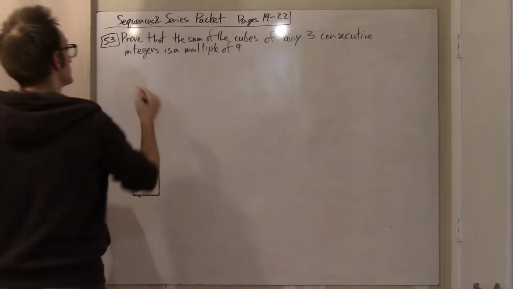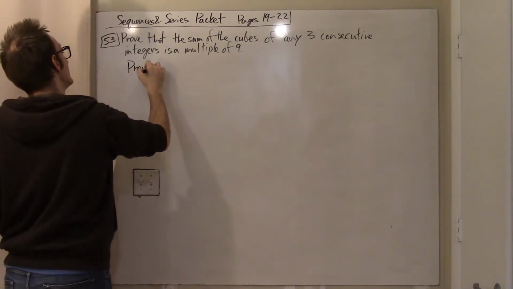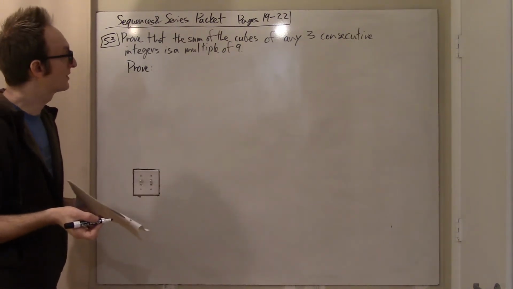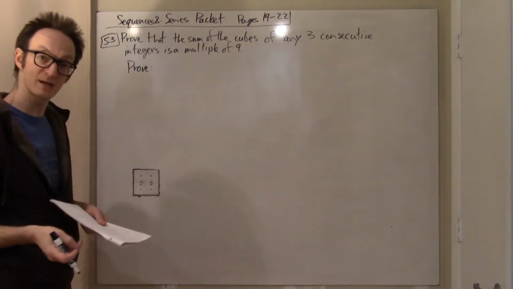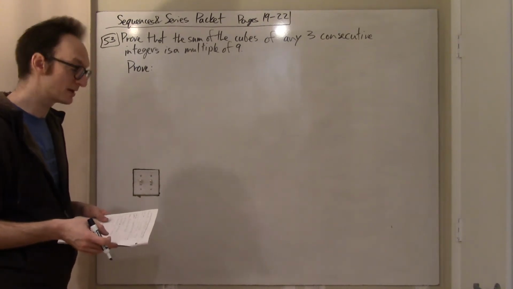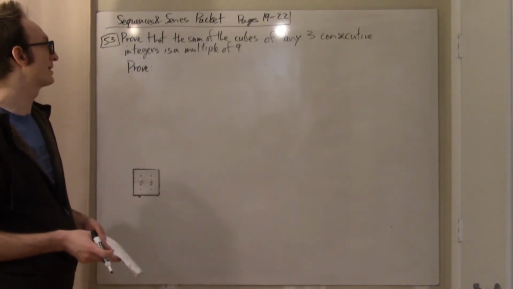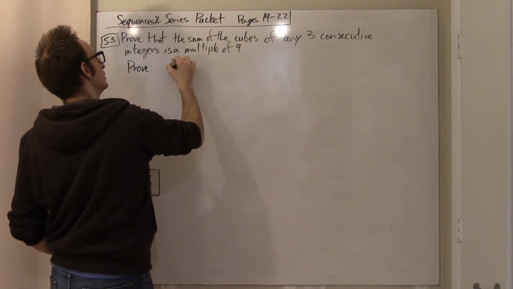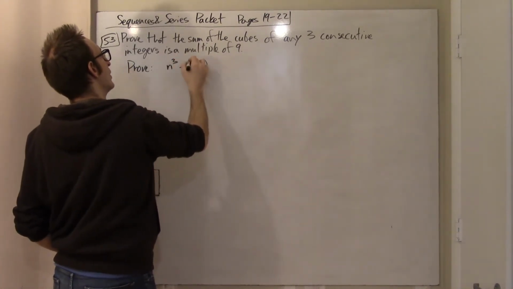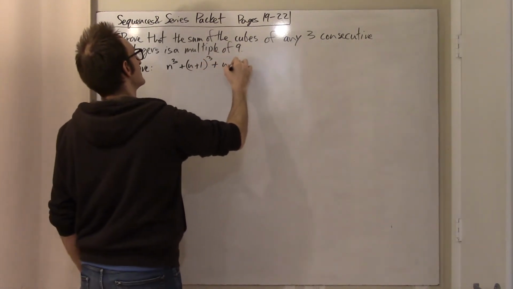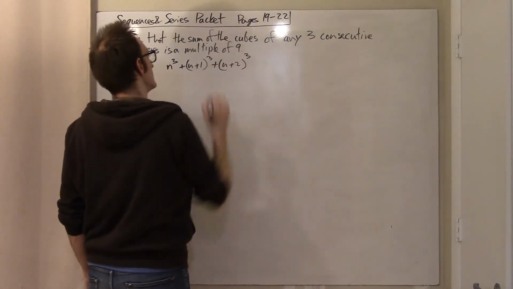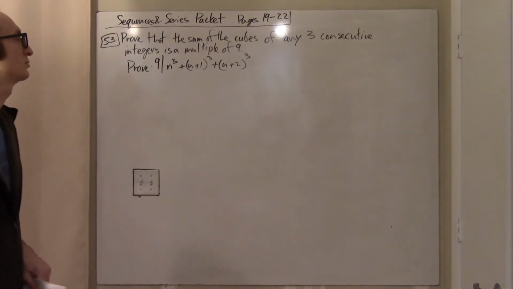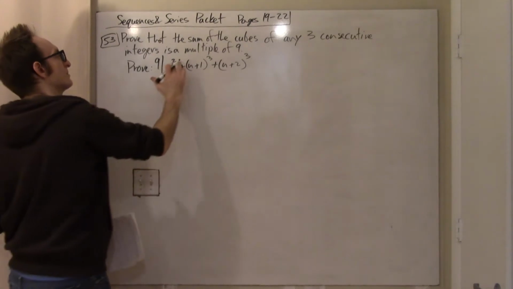So what we need to prove is that if you take a cube of a number, a cube of the next number, and a cube of the number after that, then what you get is always a multiple of 9. In other words, we need to prove that n cubed plus n plus 1 cubed plus n plus 2 cubed is always a multiple of 9. So prove that 9 goes evenly into n cubed plus n plus 1 cubed plus n plus 2 cubed.